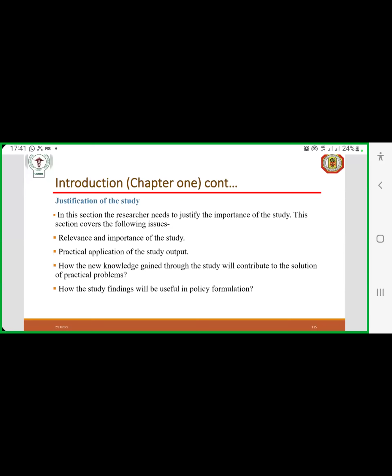That is the justification of your study. But some people, when writing justification, just write the problem statement as their justification. That is not a justification. Justification is, why do you think this research should be conducted in this environment?